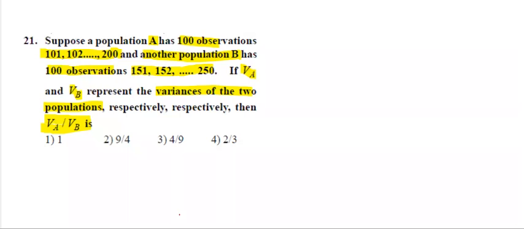Here I am writing like this. XI observations. What are the observations here? 101, 102, 103, and so on up to 200. Okay. Next, the second observations, I am going to write YI.